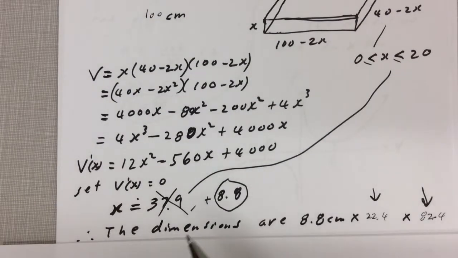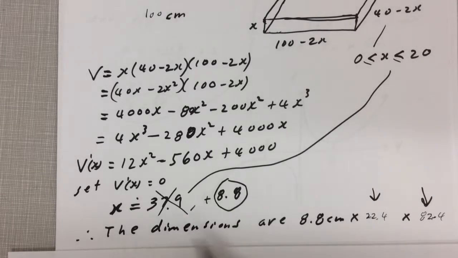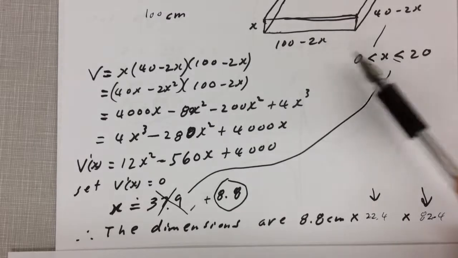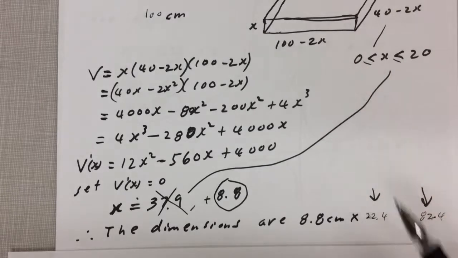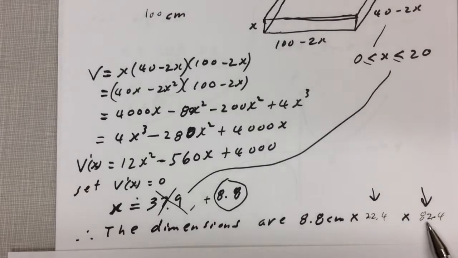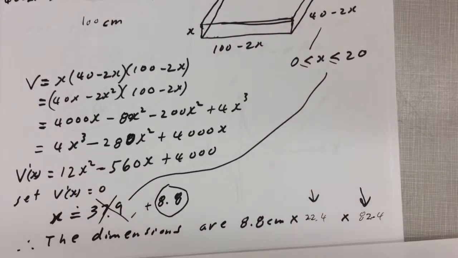So 37.9 would be at a minimum, 8.8 would be at a maximum. So the dimensions then are 8.8, and sub in the x for the length and the width, and you get 22.4, and 82.4 is the other dimension.